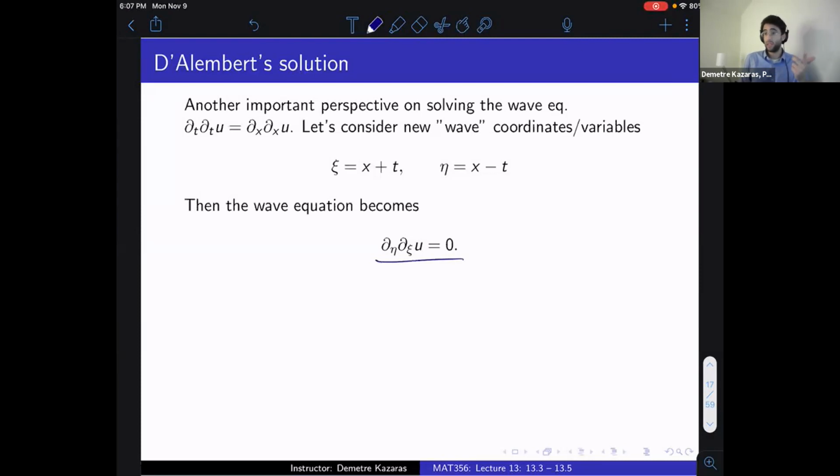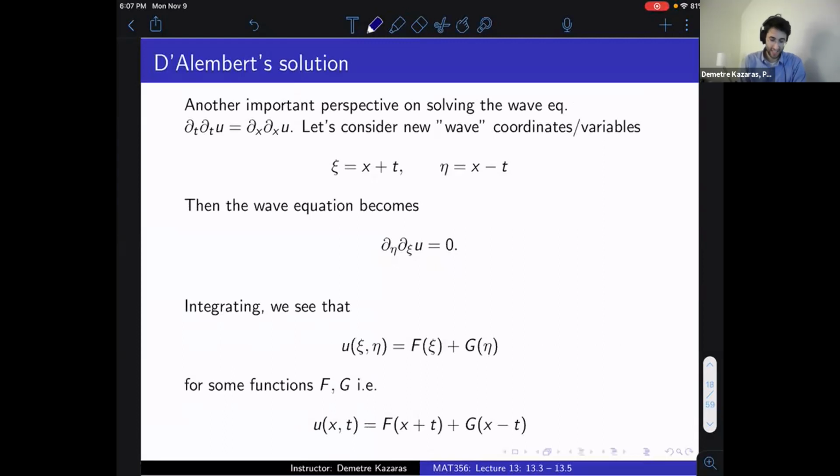Very simple. You could integrate that. If you integrate with respect to eta, you get a constant, and then you integrate the resulting thing with respect to xi. Let me tell you what happens. u just has to separate as the sum of two functions of xi and eta. It looks very nice.